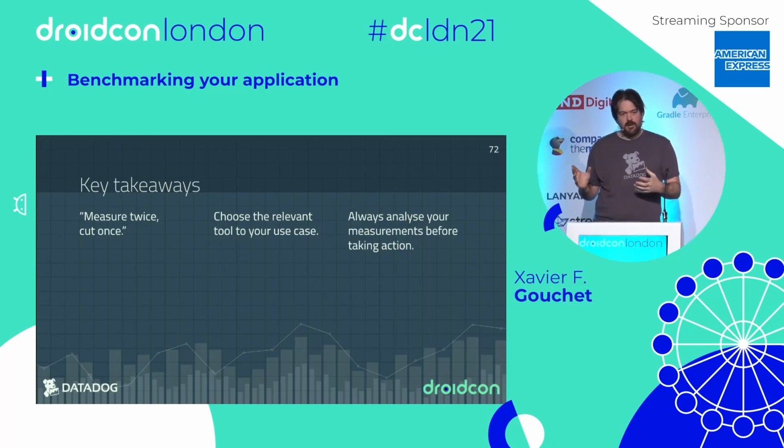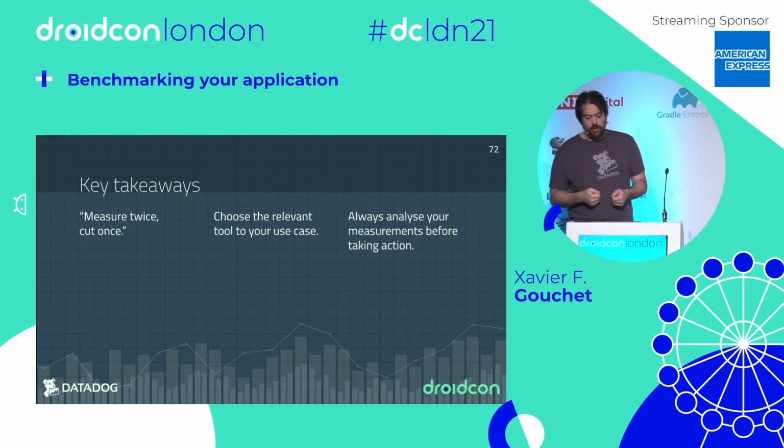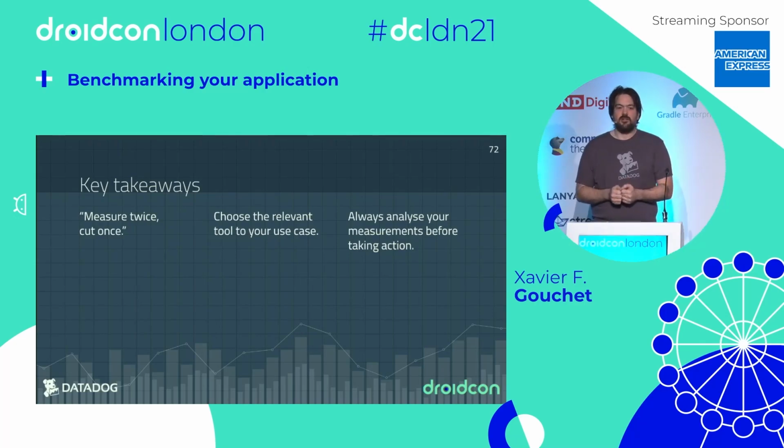So using the real user monitoring, you can see, okay, something is wrong in this screen. Something is wrong in this particular area of my application. And then you can use the benchmark library, or you can use the profiler to say, okay, I'm going to fiddle with this feature and see what's exactly happening. And then always analyze your measurements before taking action.